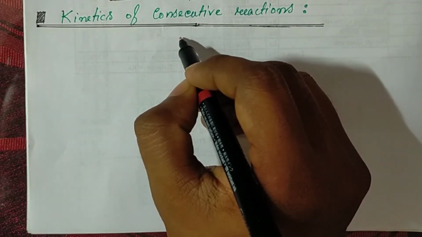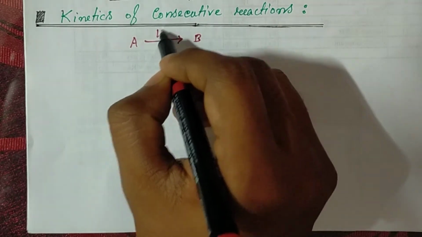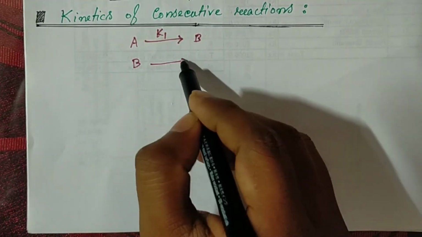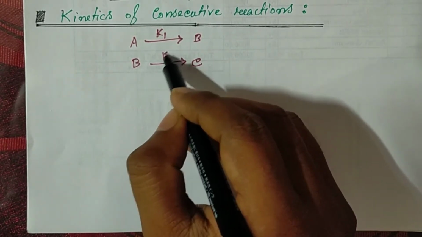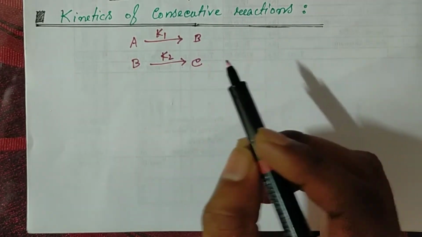Suppose this is one reaction. If this product B acts as a reactant in another reaction and gives another product, then these two reactions will be called consecutive reactions.